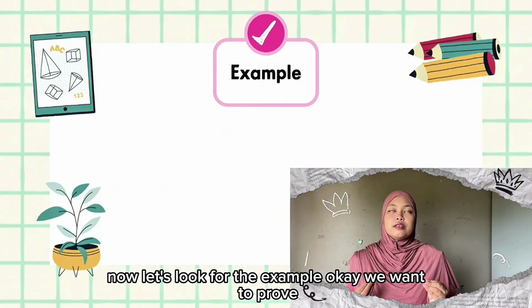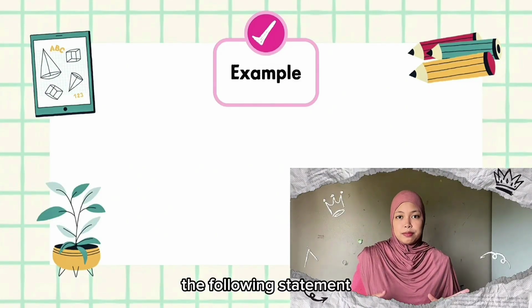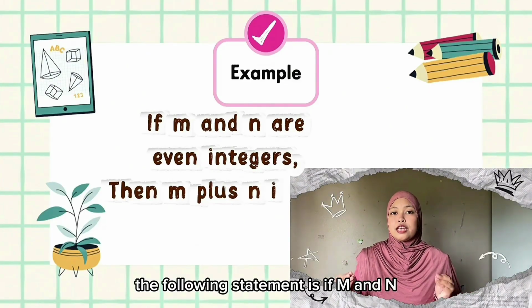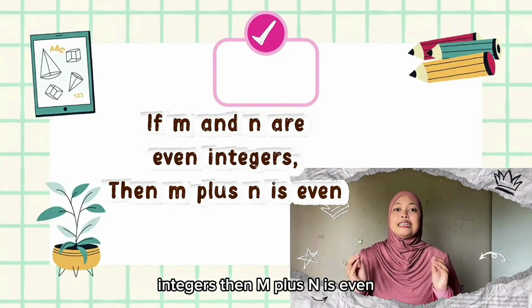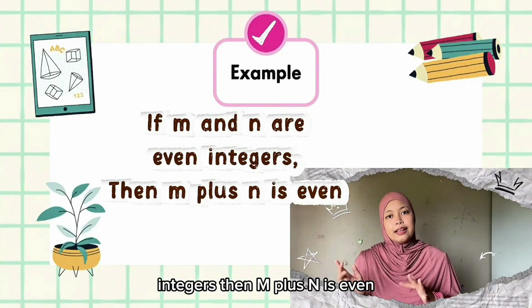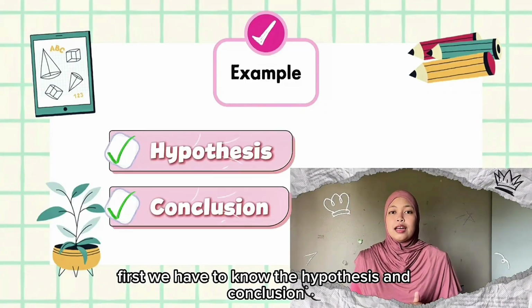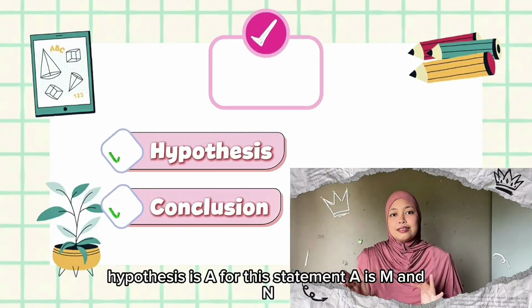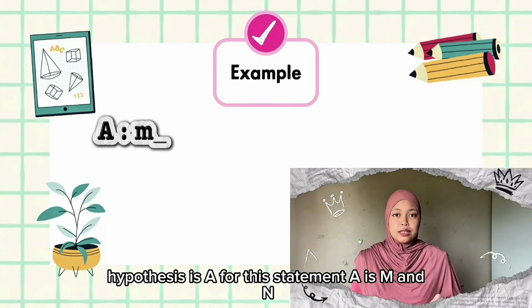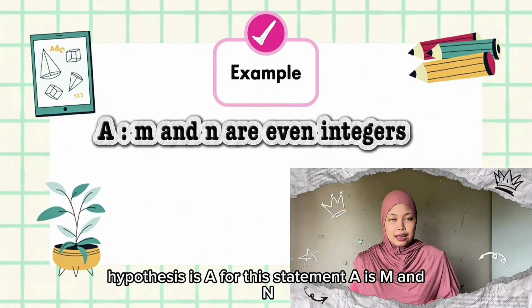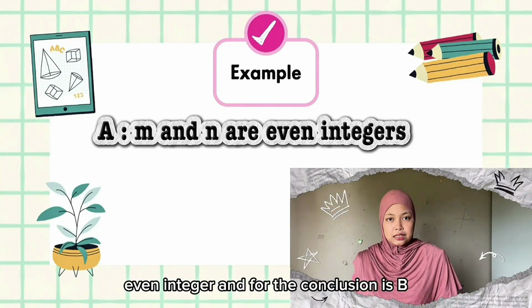We want to prove the following statement: if m and n are even integers, then m plus n is even. First, we have to know the hypothesis and conclusion. The hypothesis is A. For this statement, A is m and n even integers.